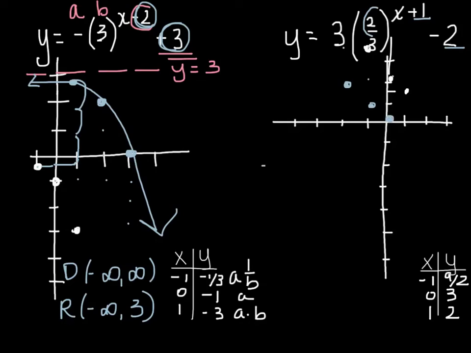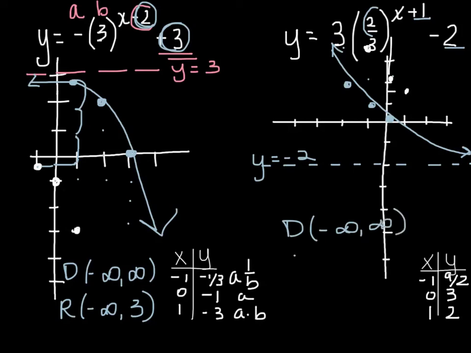My asymptote also, y equals negative 2. And here's my graph. Domain, negative infinity to positive infinity. Range, negative 2 to positive infinity.